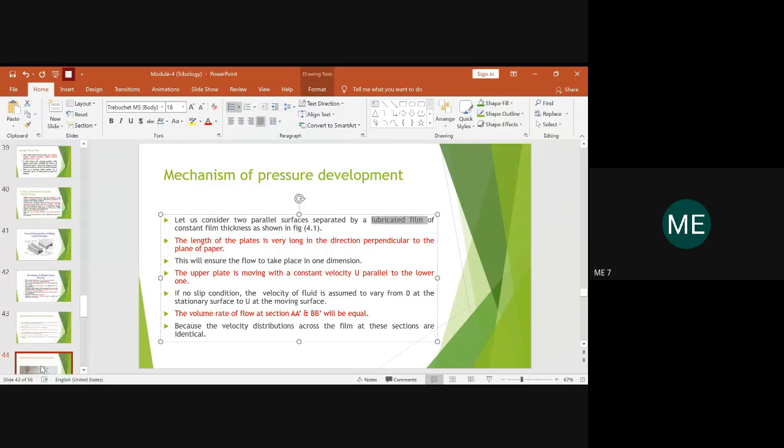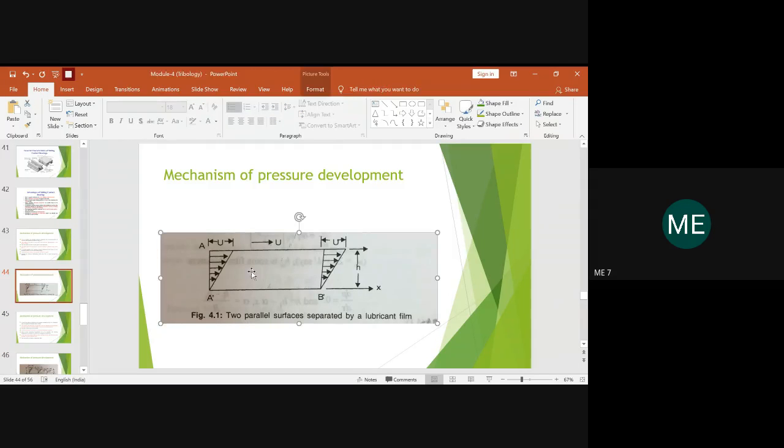So if we go to the diagram here, you can consider two parallel surfaces, right? This is the top and this is the bottom, two parallel surfaces which are separated by a lubricant film. So H stands here for the lubricant film thickness, or the oil film thickness, so that you are familiar enough, right? This is the arrangement which has been done.